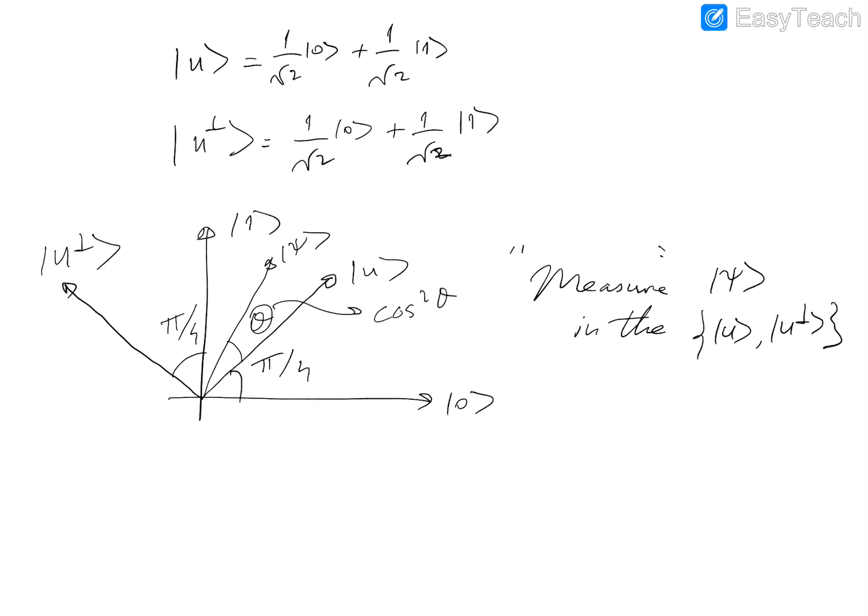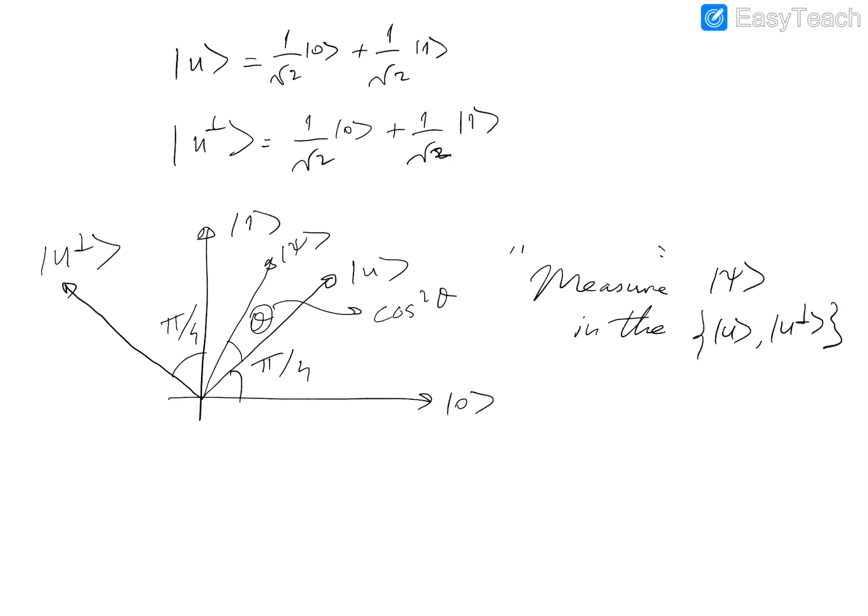So the probability of seeing psi in the u basis state is determined by the square of the inner product of psi and u, and the angle was theta, the angle between psi and u.